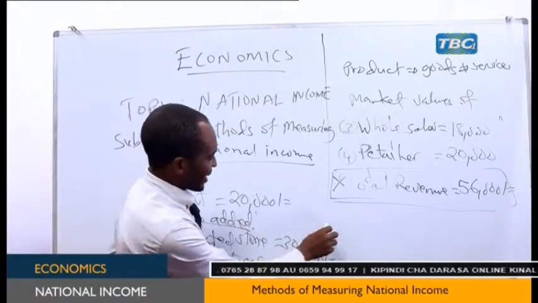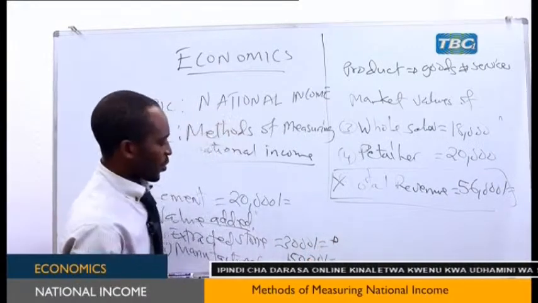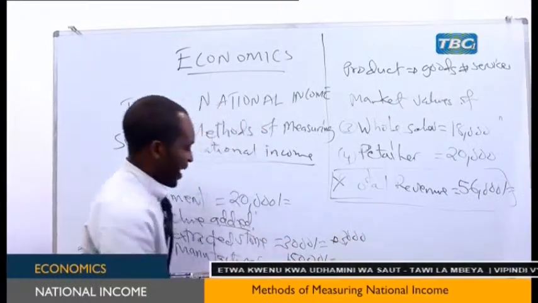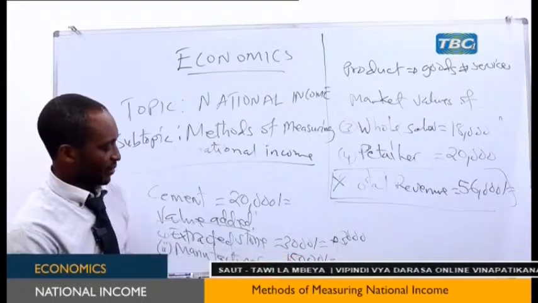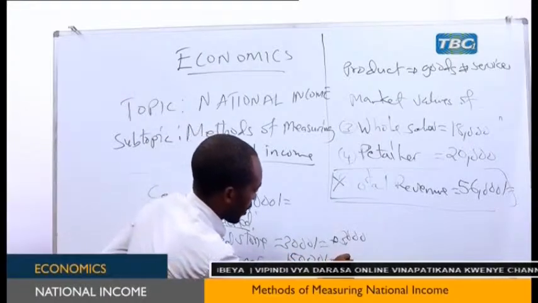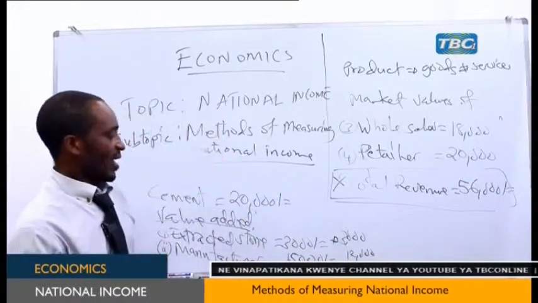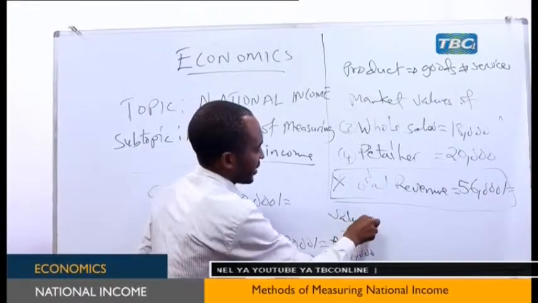Now at stage 1, the value added here, you'll take 3,000. At stage 2, you will see what is increased from stage 1 to stage 2. Here it will be 12,000. So this is the value added in each stage.